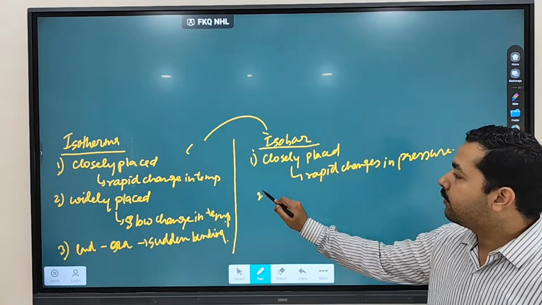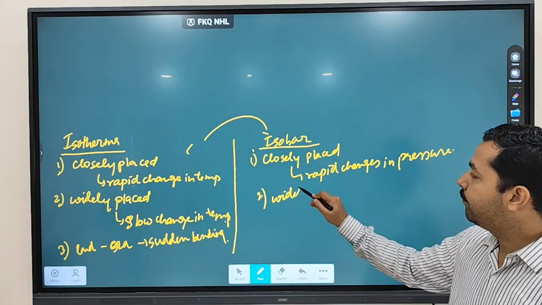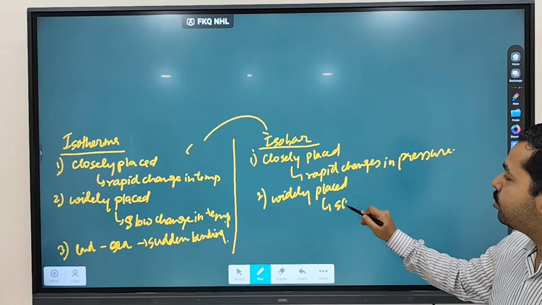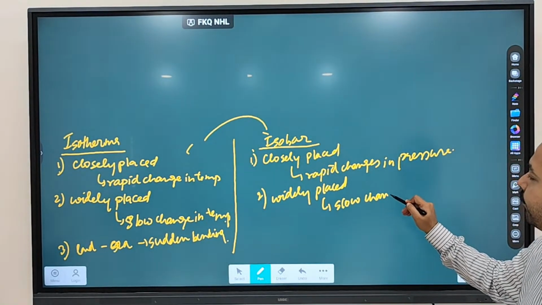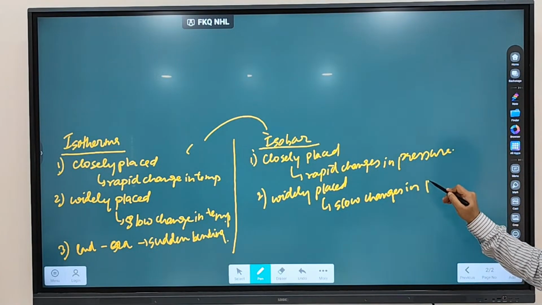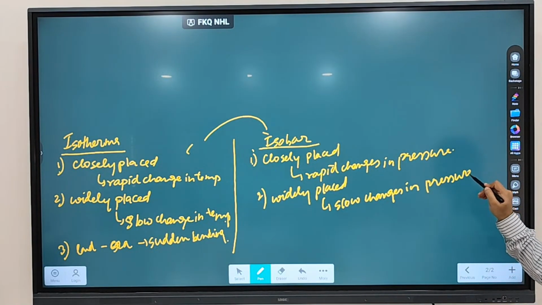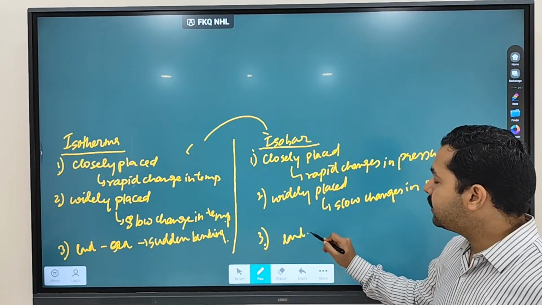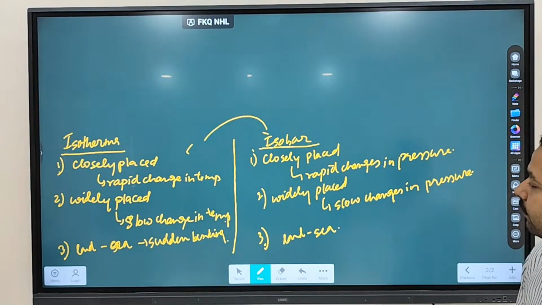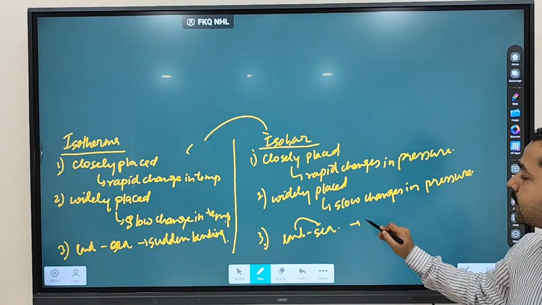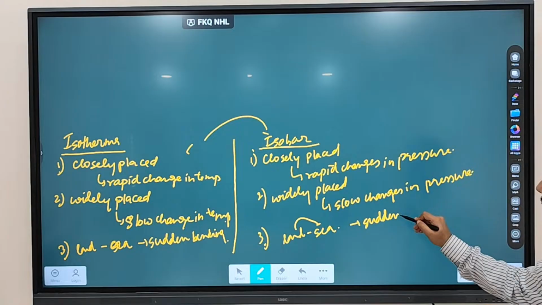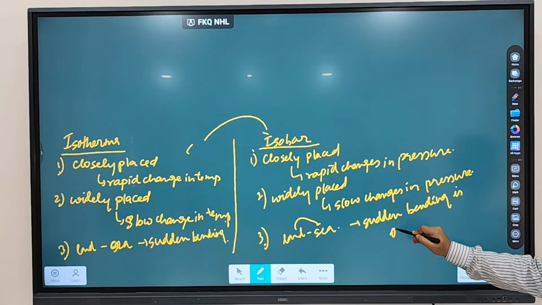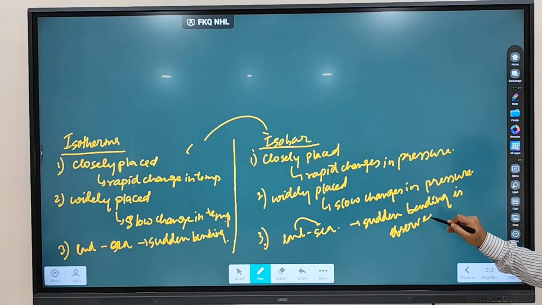If isobars are widely placed, that indicates slow changes in pressure. And the third is land and sea: whenever you are moving from land to sea, a sudden bending will be observed in isobar.